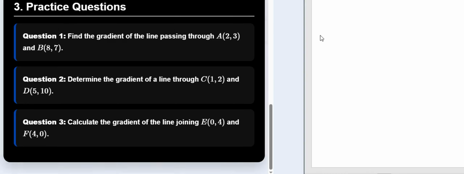Can we try another example here? Can we do another example where we have 2 points C and D, as C is given by 1, 2, and D is given by 5, 10.